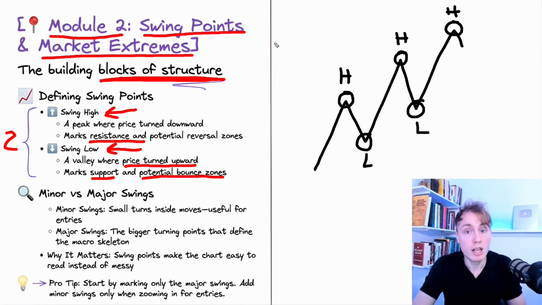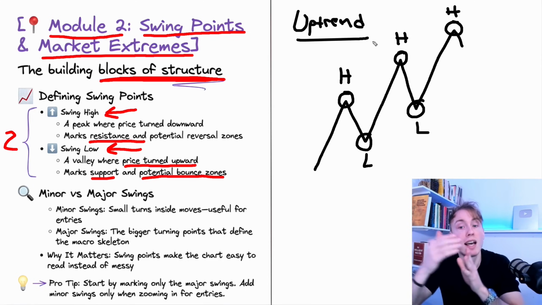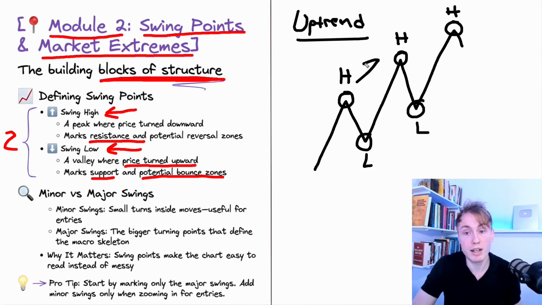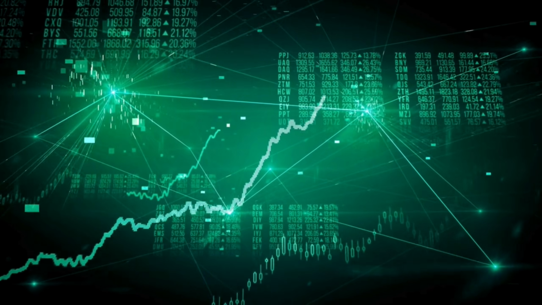And in order to have an uptrend, the definition of an uptrend is that we need to have both consecutive higher highs and consecutive higher lows. So when we have two higher highs and two higher lows, we can consider an uptrend to have started.